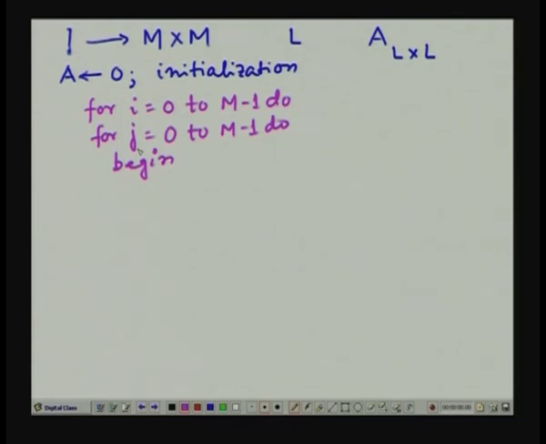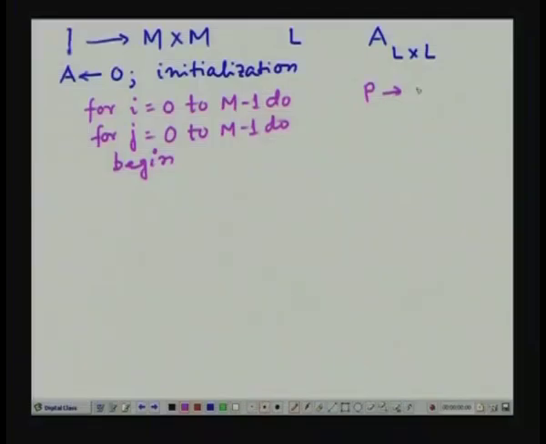For this computation, suppose the position operator P is indicated by a vector, because as we said, the position operator says that given a particular pixel location, what is the location of the other pixel that we are interested in. That can be obtained simply by some vector addition operation. So, I assume that P is indicated by a position vector whose components are P x in the x direction and P y in the y direction.